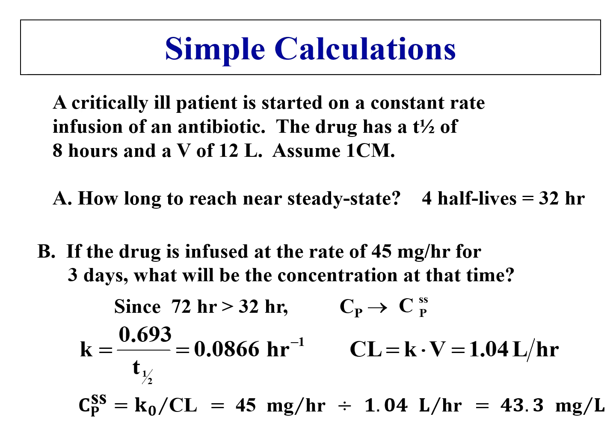We can calculate what the concentration will be if we know the infusion rate. So if it's 45 milligrams per hour, given for, say, 3 days, that will be steady state. We can use our steady state equation at the bottom, K0 over clearance, and we'll end up with 43.3 milligrams per liter as the concentration.